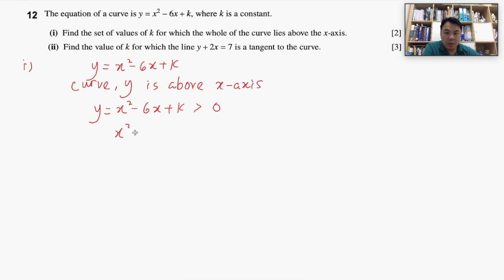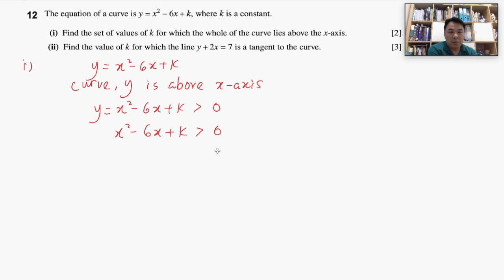So we need to find the set of values of k for which the whole of the curve is above the x-axis. The whole thing is above the x-axis.